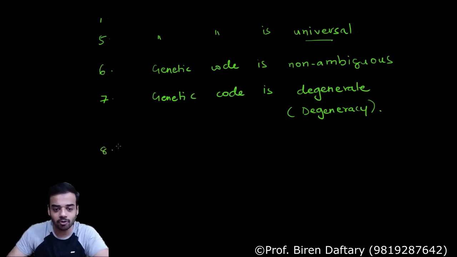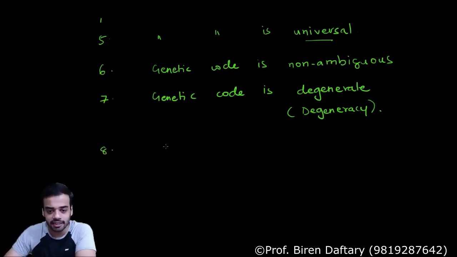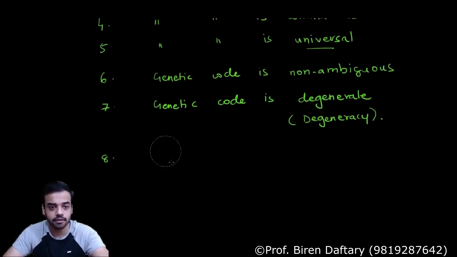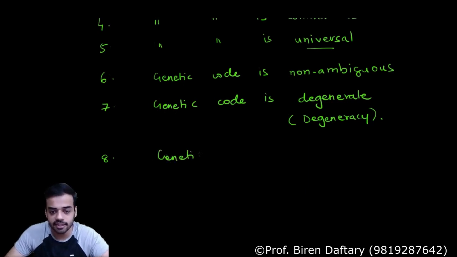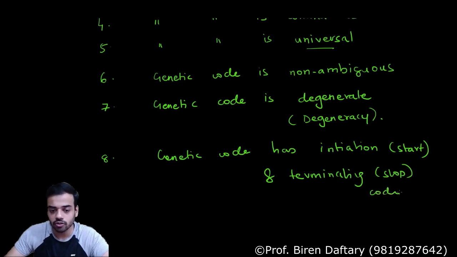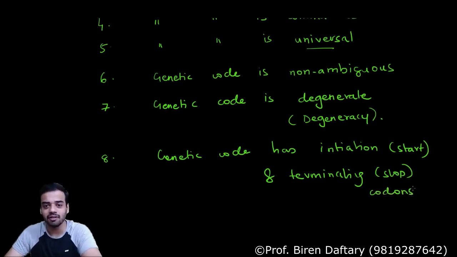Now coming to the next points, very simple points. Point number 8 is that genetic code has initiation (start) and terminating (stop codons). So what does this mean? Very simple.